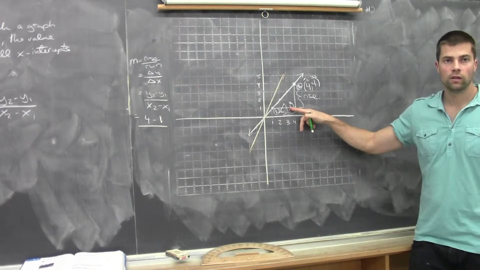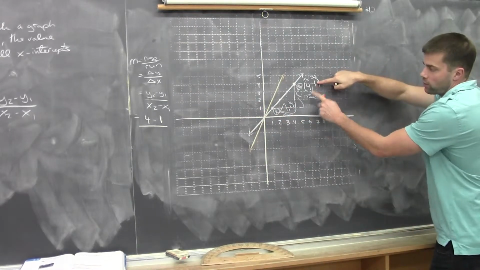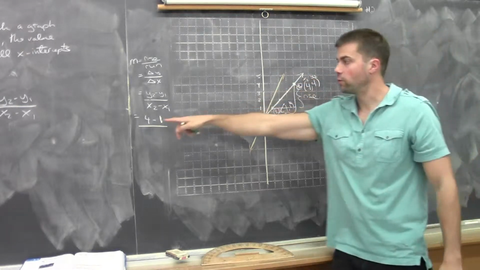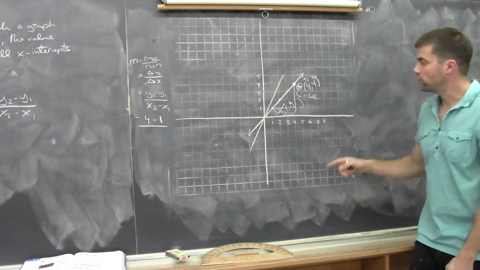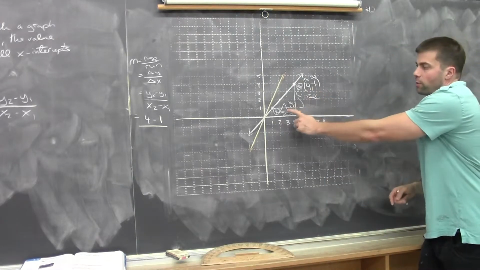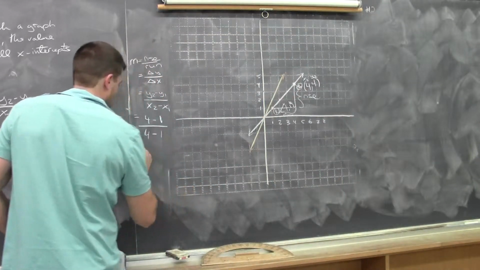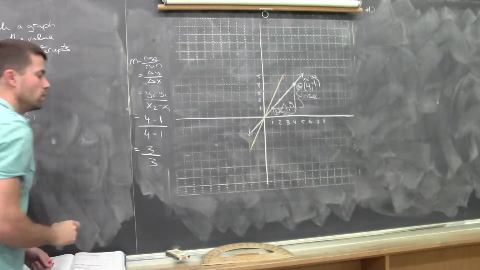So that's calculating the difference. Basically, we're taking this y value and minusing this y value. We're getting 3 for the rise. Do you see that? 4 minus 1. Okay. I see that now. Now for the x values, we're taking this x value, 4, minusing this x value, 1. So again, it's 4 minus 1. So we end up with 3 over 3.